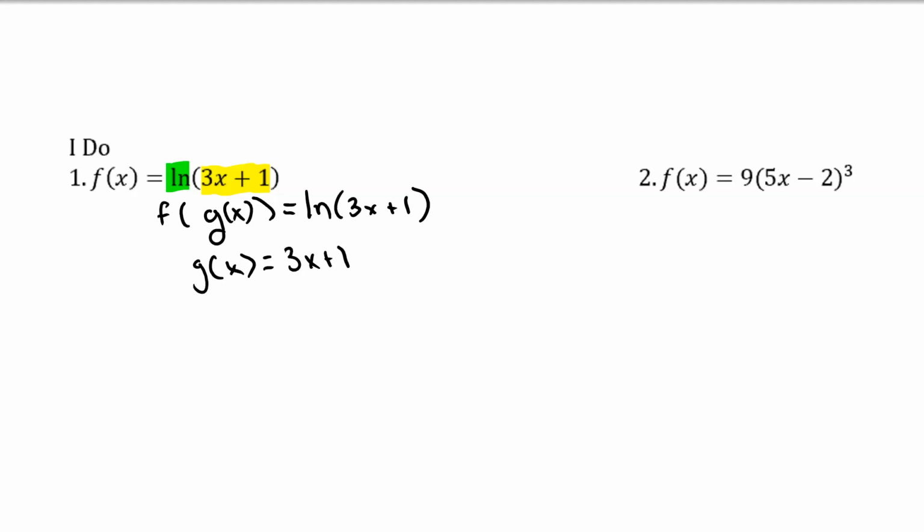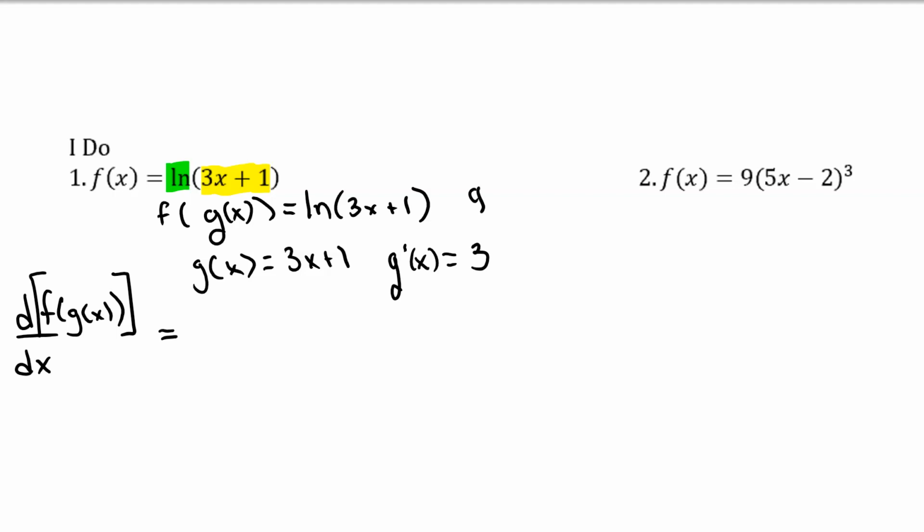So when we're talking about the derivative then of f of g of x, we first need to know the derivative of g and the derivative of the outer function f. So the derivative of g, the inner function, is just 3.